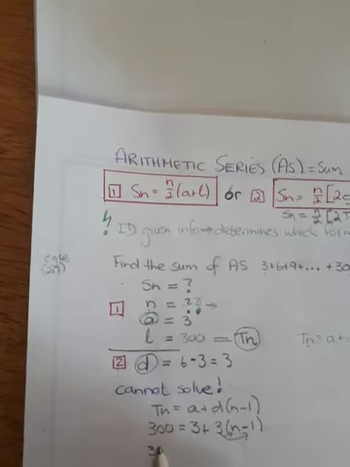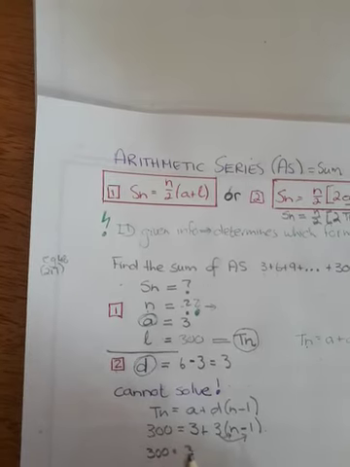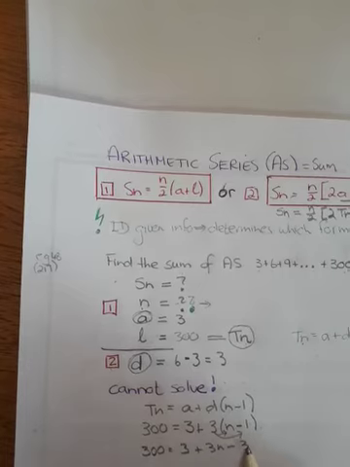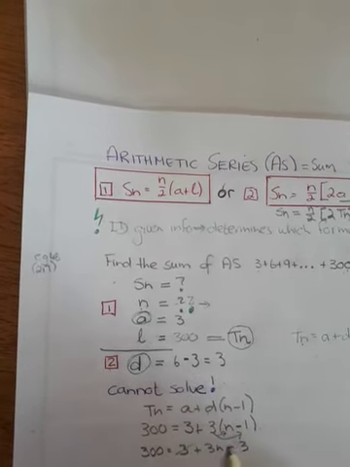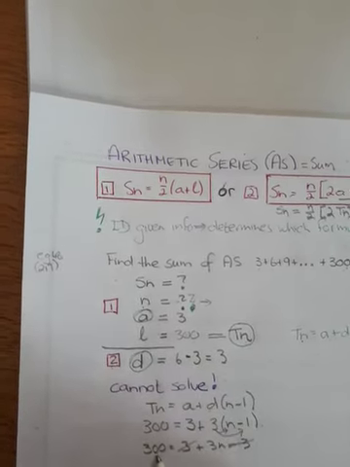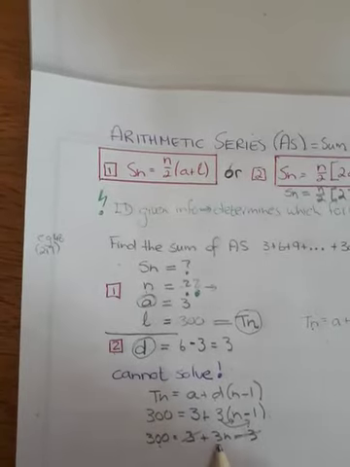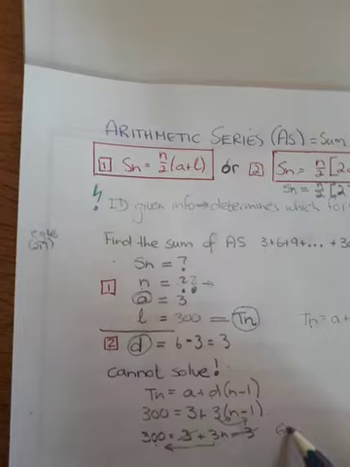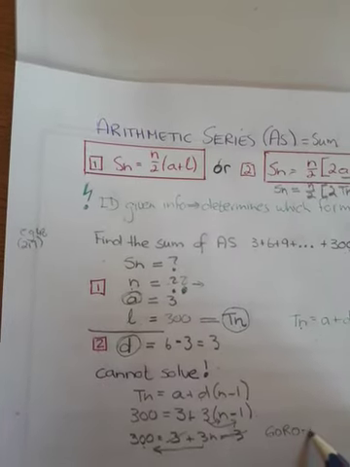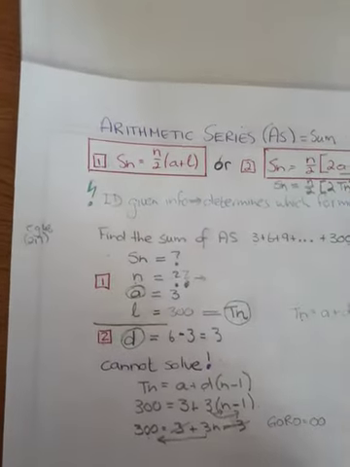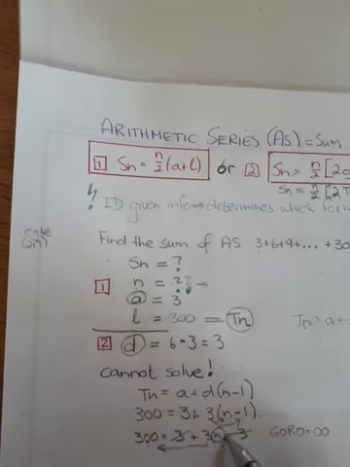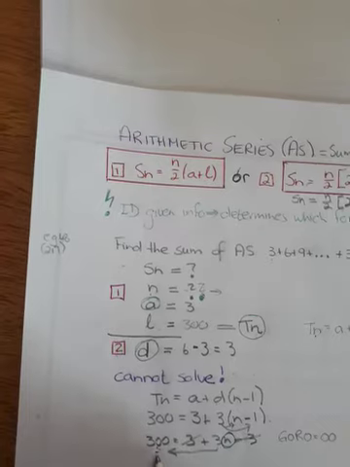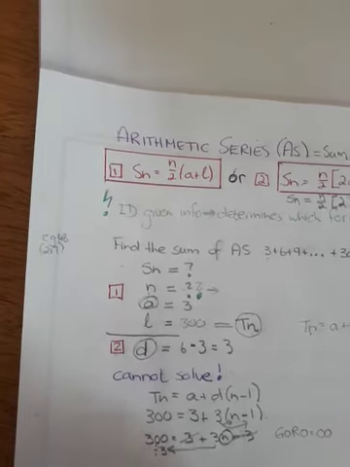Then we have 300 equals 3 plus 3n minus 3. 3 minus 3 gives me 0. So 3n equals 300, which means I must take over the 3. We are simply solving a linear equation with one unknown. We want to find the value of n, so that gives me 300 divided by 3.